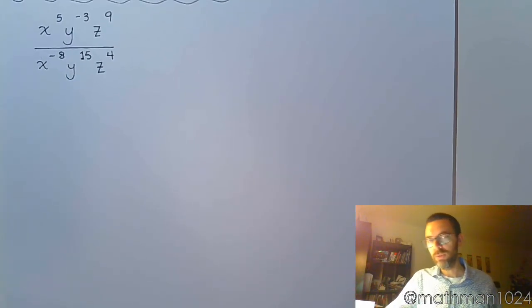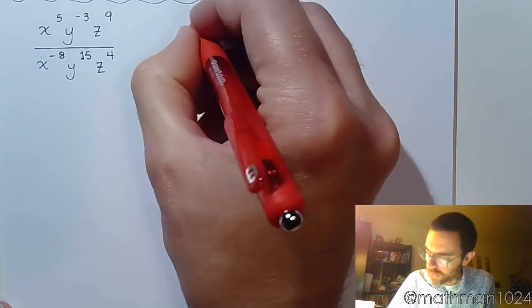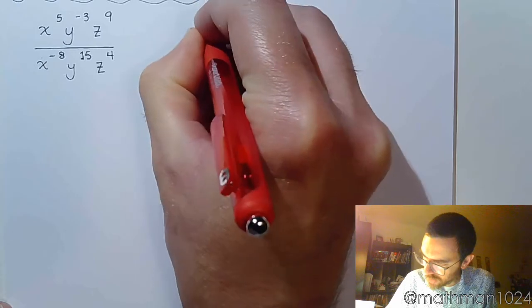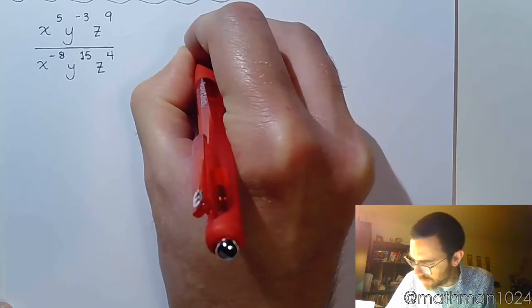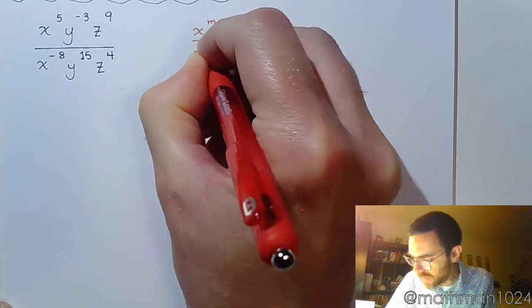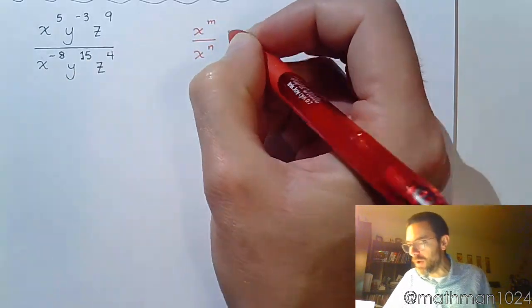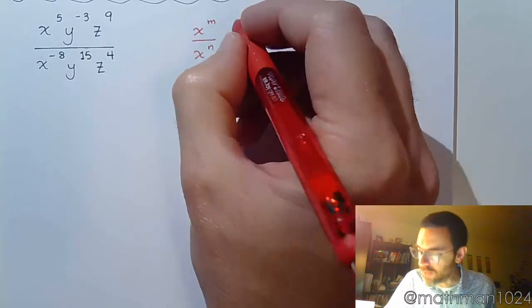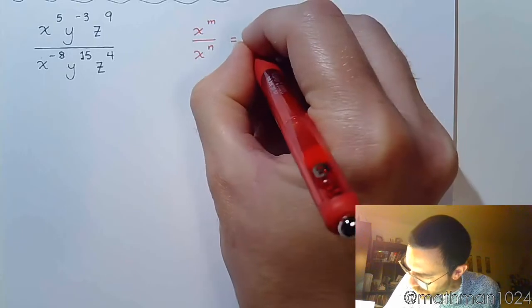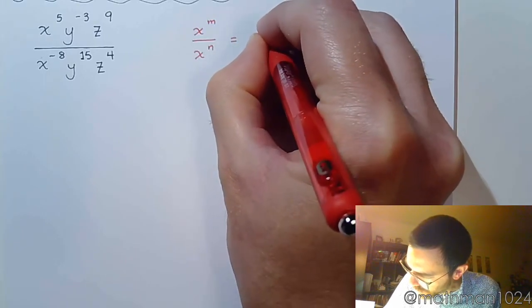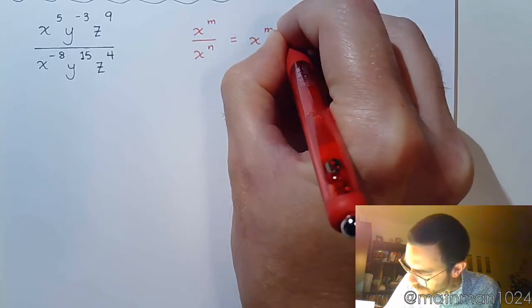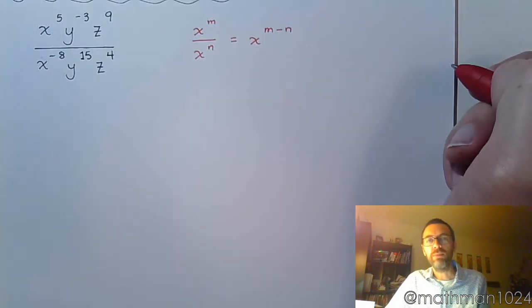Now, for properties of exponents, you've got a couple of things to look at here. One is that when you have x to the m over x to the n, so if you have division and these have the same base, then we can subtract the top power minus the bottom power.